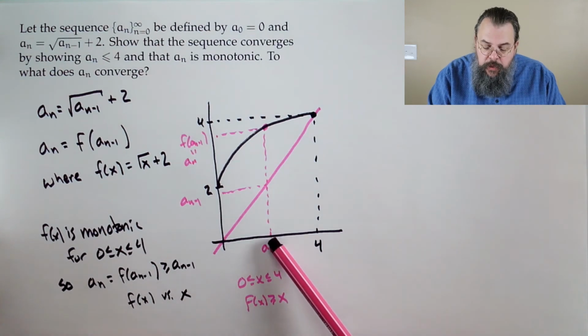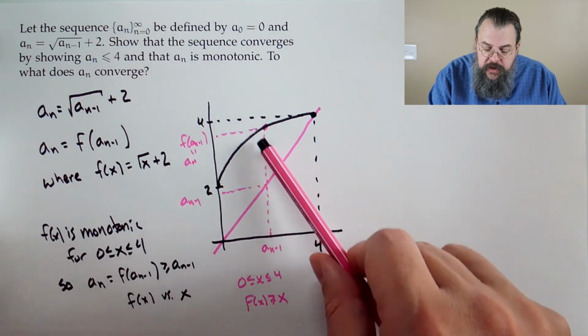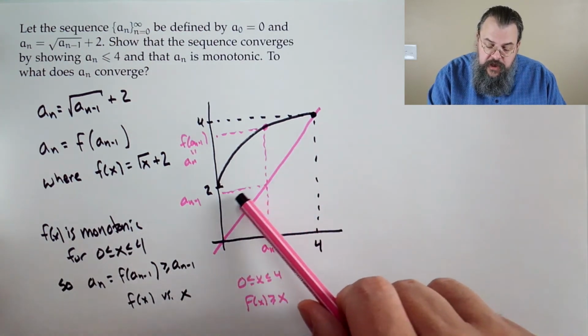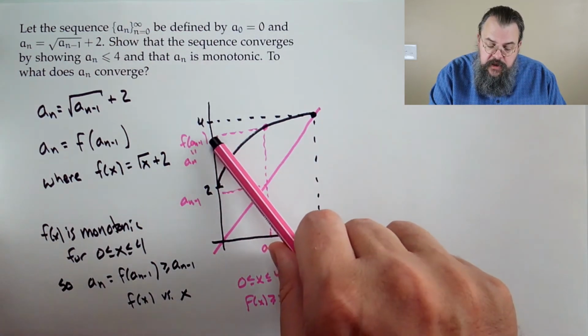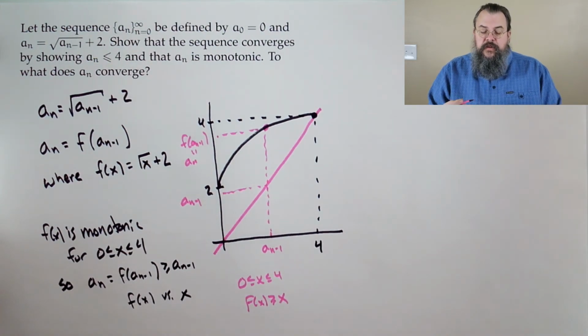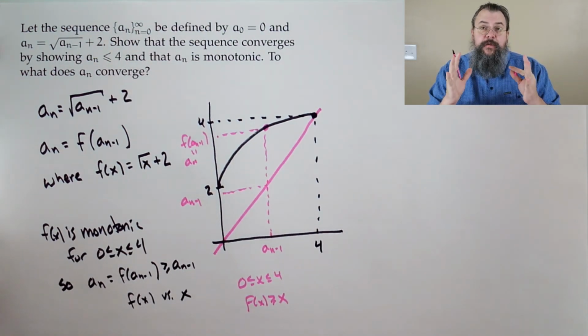So you see the curve here is above the line, so a sub n minus 1 is below a sub n. That is why we have monotonic if we stay between 0 and 4.